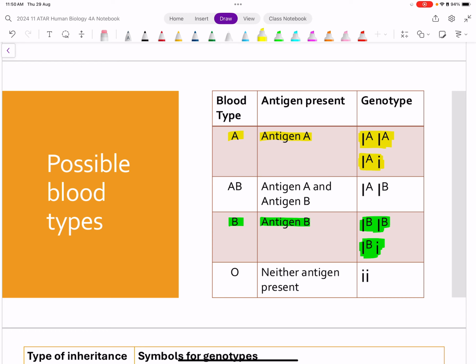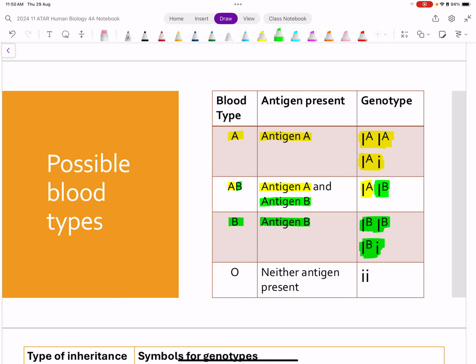Now, to take us back to codominance just for a second, we can also have type AB blood. And in type AB blood, we have the A antigen, and we also have a copy of the B antigen. So both are expressed on the surface of red blood cells. And this is because neither the A nor the B is dominant over the other.